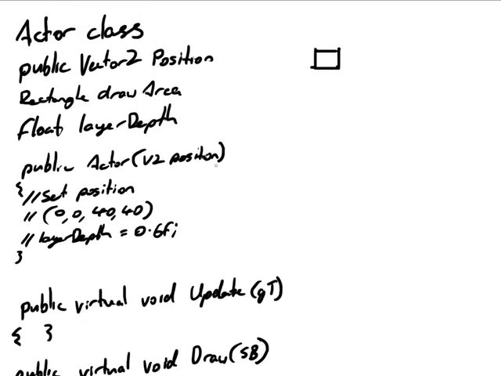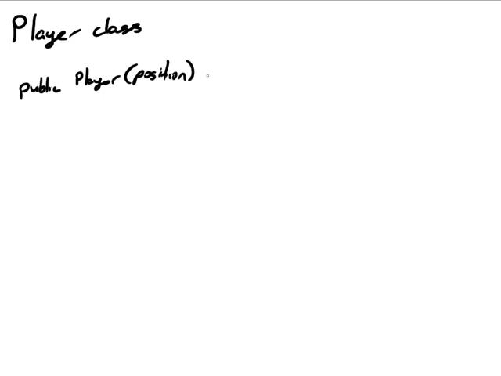Let's look at the player class. Alrighty-o, player class. So what does it do? No extra changes into what it does for now. We'll be adding a lot more later. We'll put in here public player, taking in a position, which then calls base, the actor class's constructor, and passes it that same position.